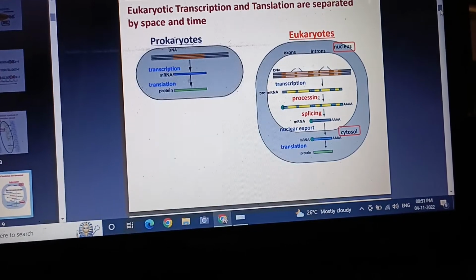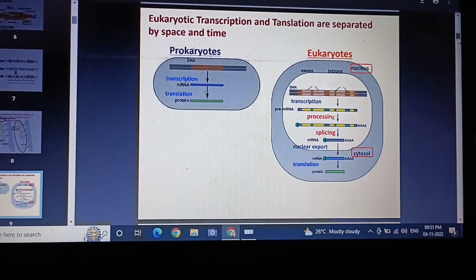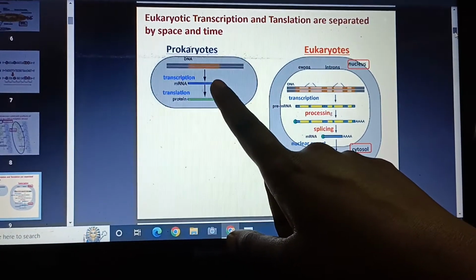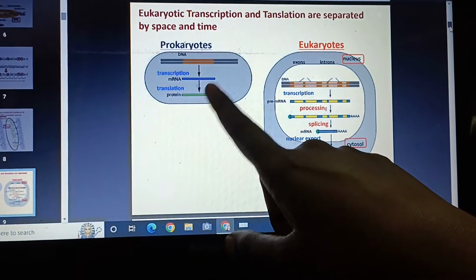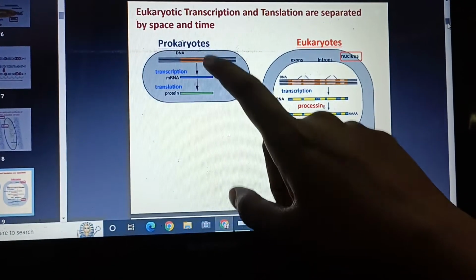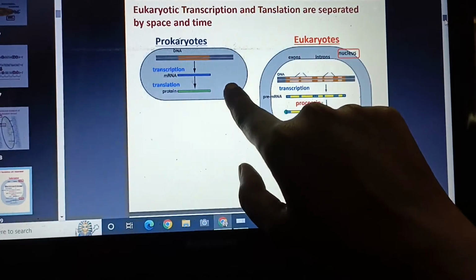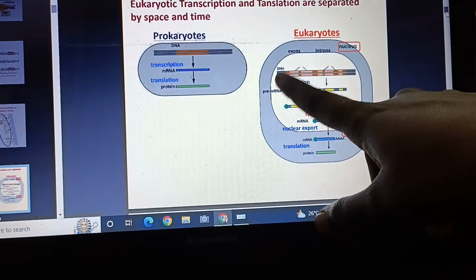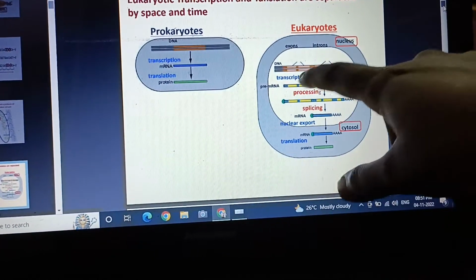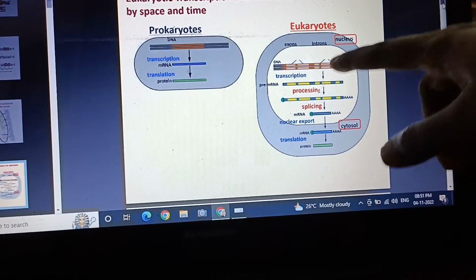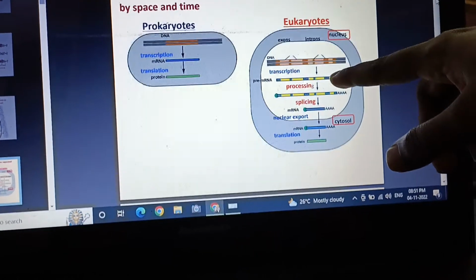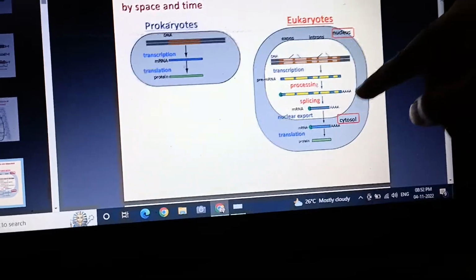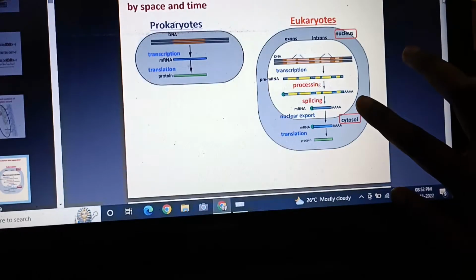For prokaryotes, DNA to mRNA, mRNA to protein. This is the overall central dogma of the prokaryotic mechanism. For eukaryotes, this white region represents the cellular nucleus, and this blue represents the cytosol, which is outside the nucleus.